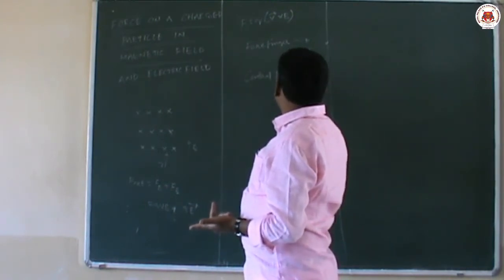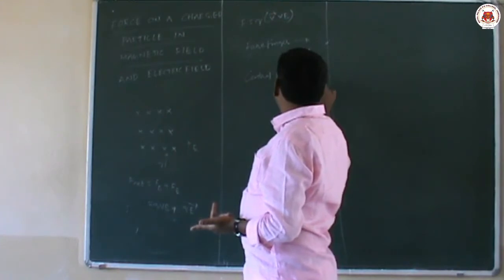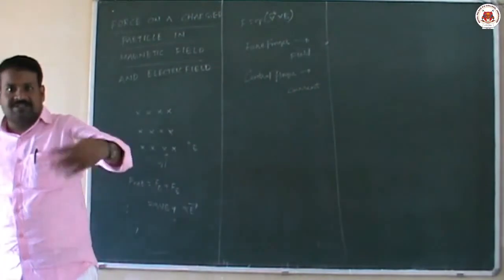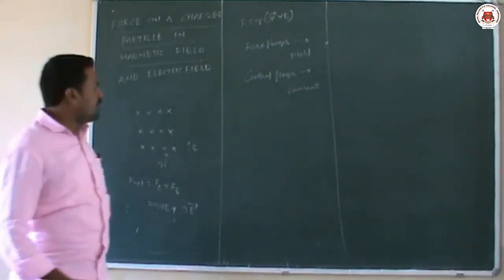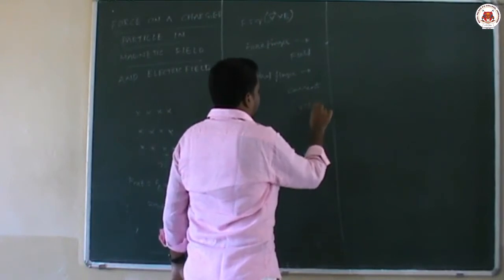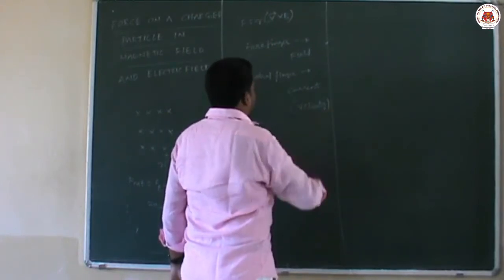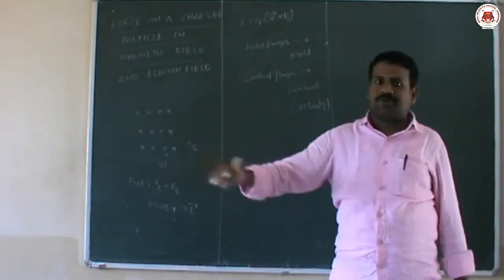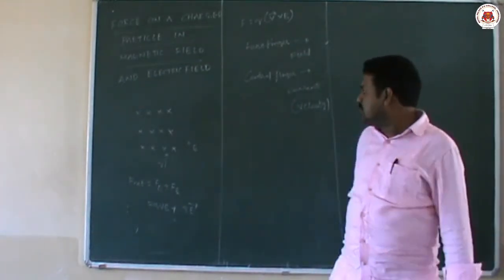Current means movement of positive charge, so the direction of current is the direction of positive charge movement. That means indirectly it is the direction of velocity.